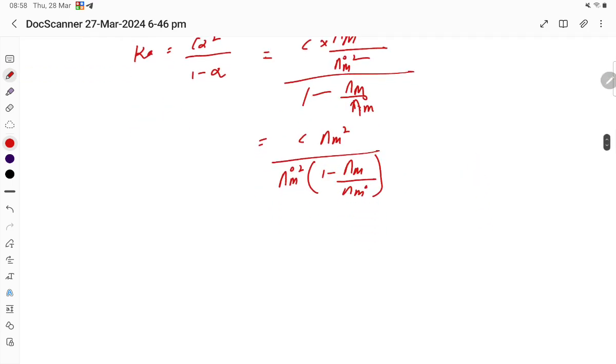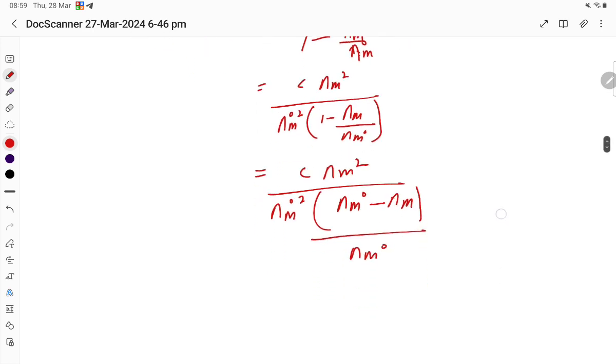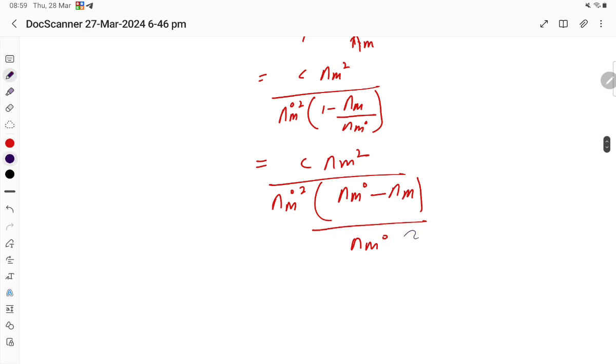First of all, we need to solve the bracket, then only we can proceed. So C lambda m square is there, and solving the bracket gives lambda m naught square upon lambda m naught minus lambda m upon lambda m naught. So this is a multiple, so it becomes a division.